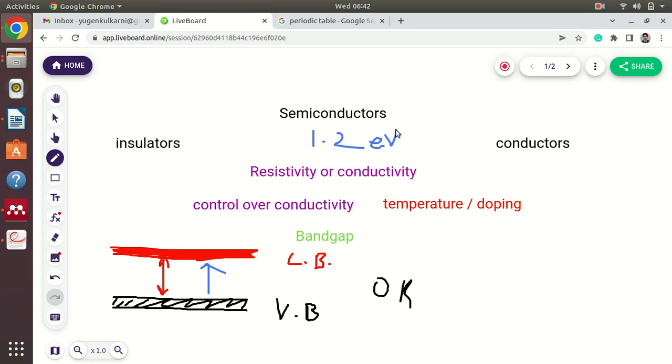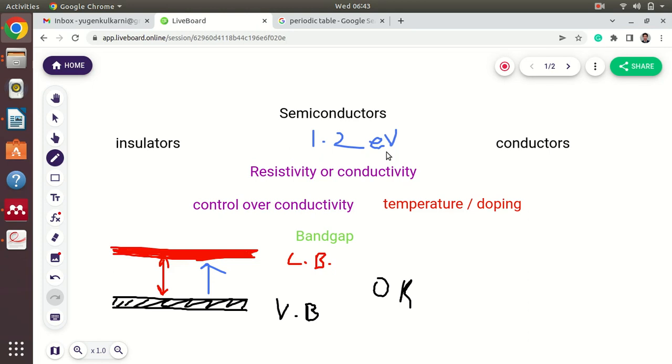So from conductors, from 0 electron volt to 1.2, this figure may vary. If you search on Google, this can vary a little bit, sometimes 1.4 electron volt, sometimes you can see 1.1 electron volt, and so on.